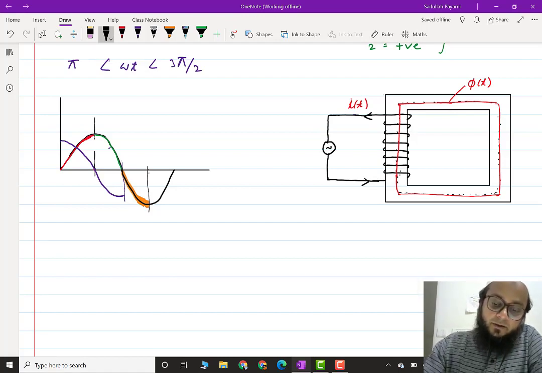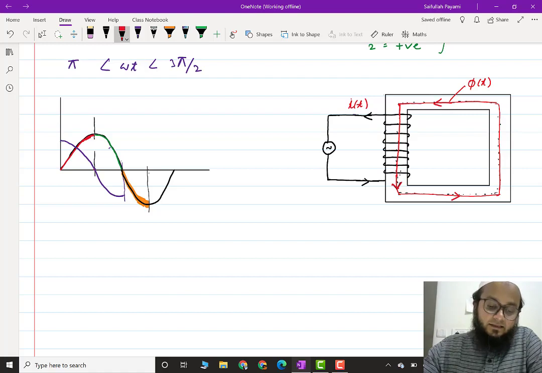By the right hand rule, now the direction of the flux would be in this direction. The direction of the flux has reversed, and what you can see is the H is actually being increased here in the reverse direction.